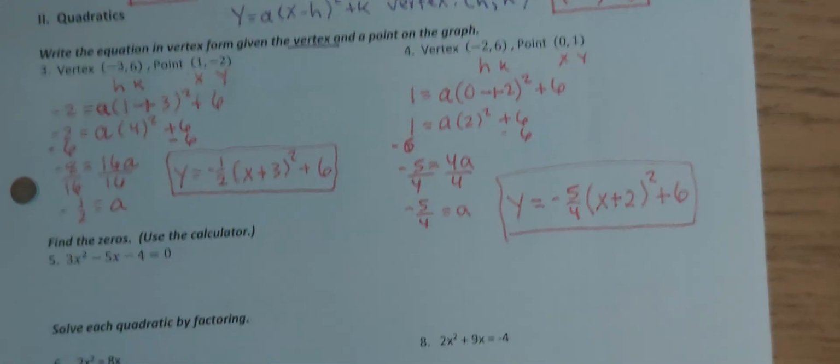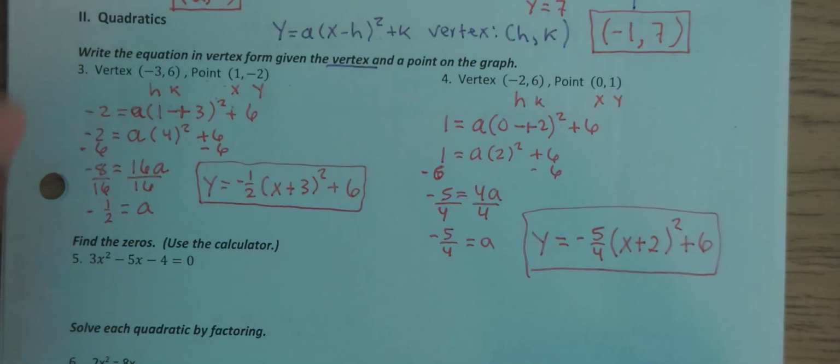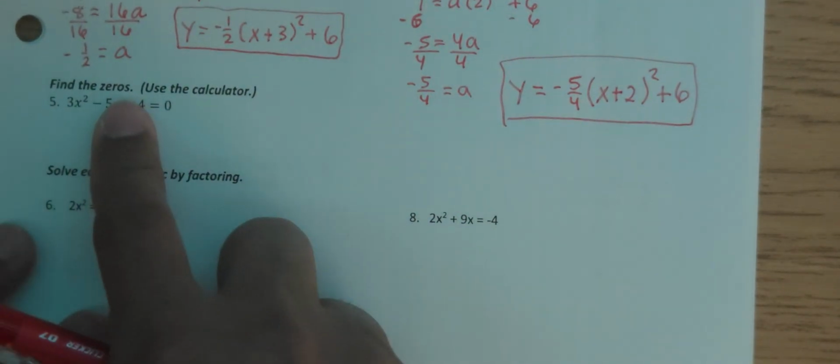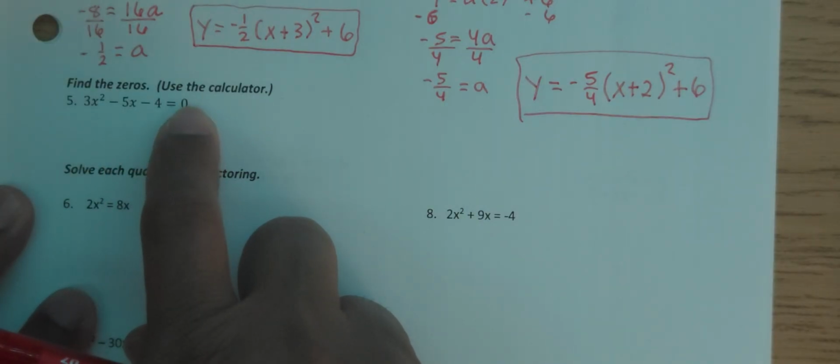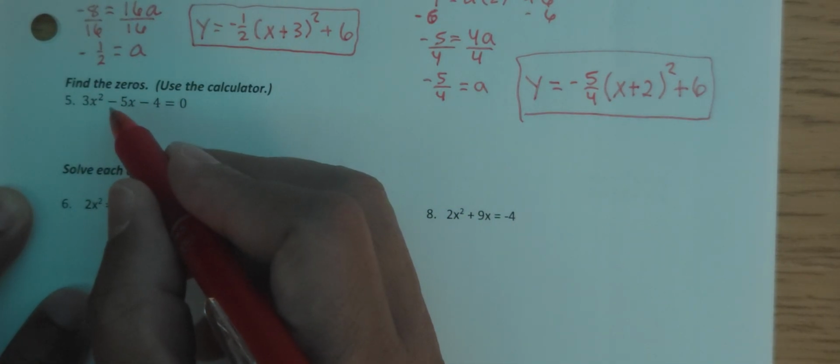Okay, so for the next problem, what we're being asked to find is the zeros. This is where the graph crosses the x-axis, and notice that this is a parabola.